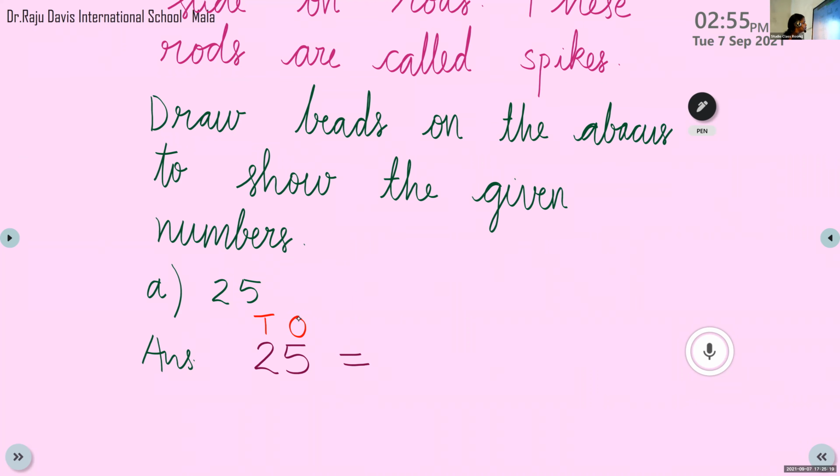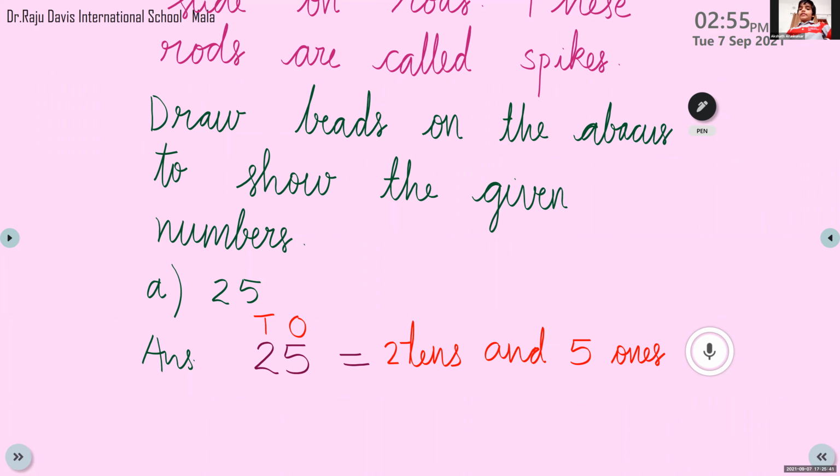That means 2 tens and 5 ones. Very good.